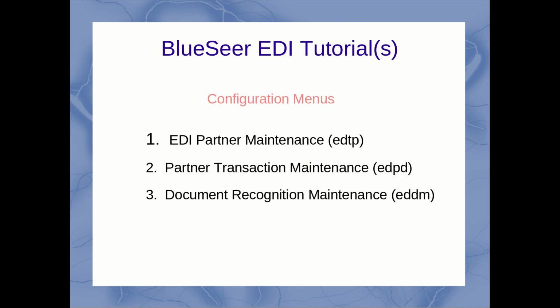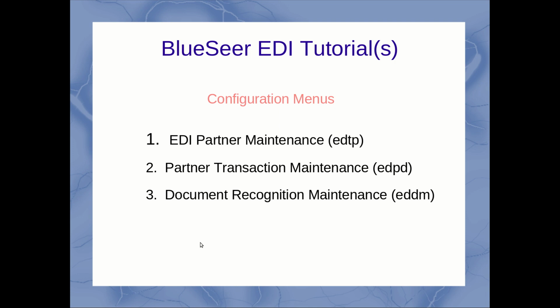Okay, in this video, we're going to be looking at primarily three main menus. The EDI Partner Maintenance menu, where you establish your trading partner and any alias IDs, trade IDs, or communication IDs for that partner. The second menu is partner transaction maintenance, so that'll be associating a trading partner with the transaction documents that they will be providing.